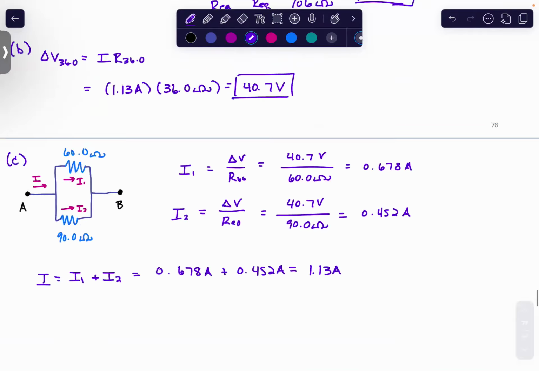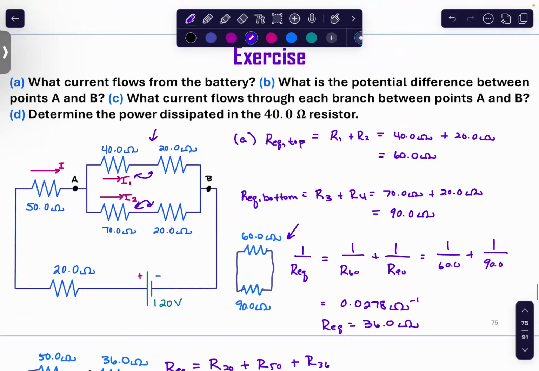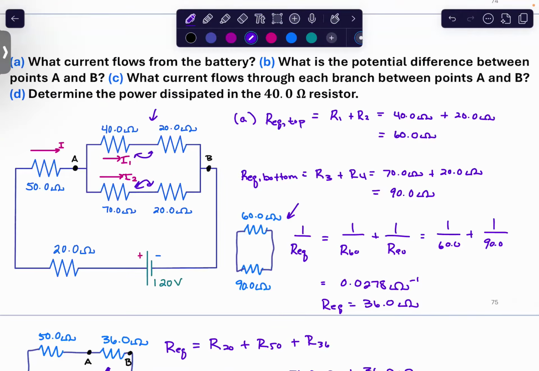Okay. So now the new part of this, determine the power dissipated in the 40 ohm resistor. So right there.